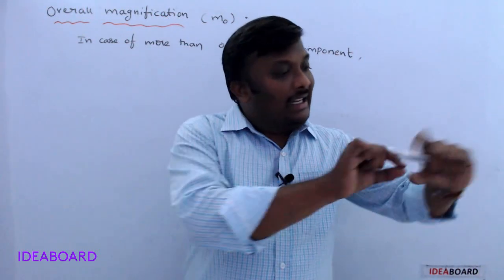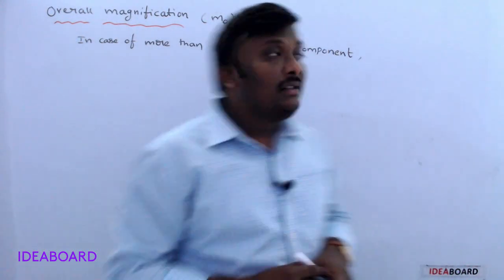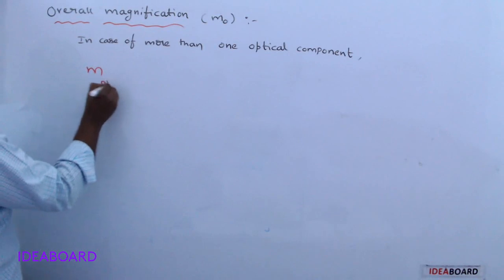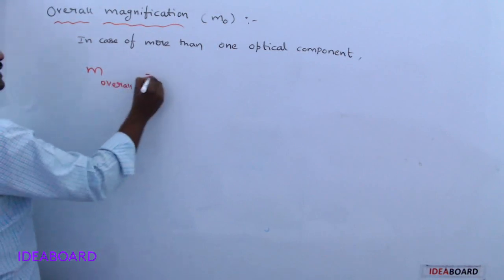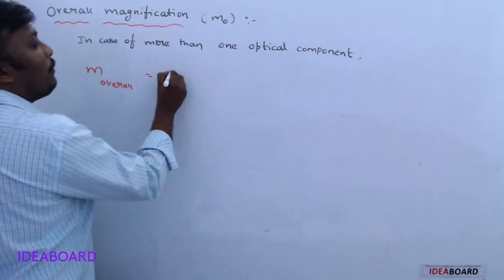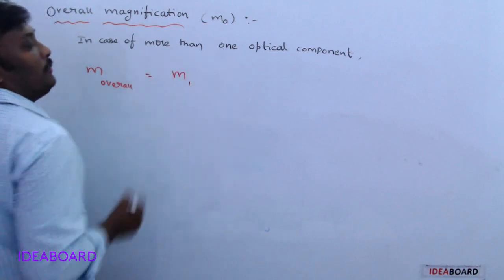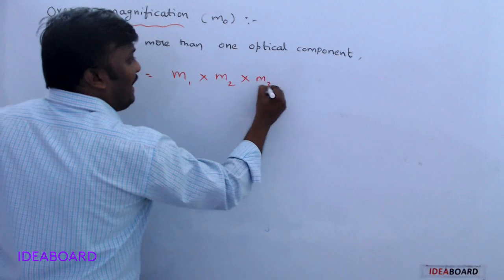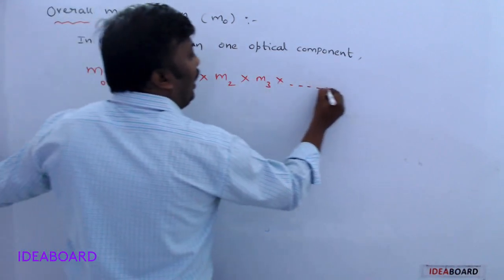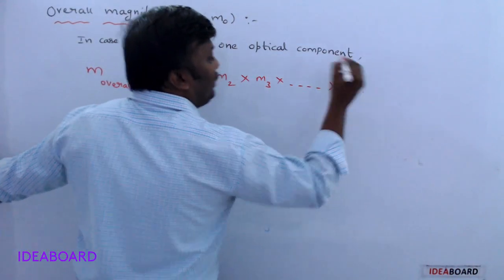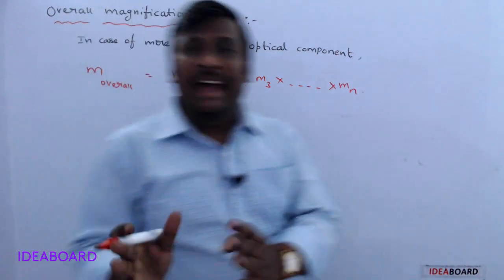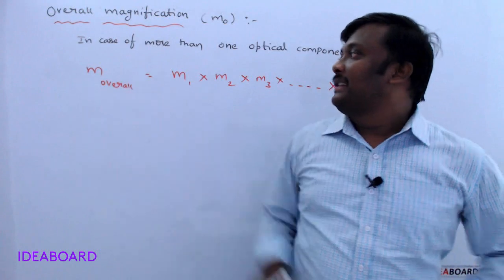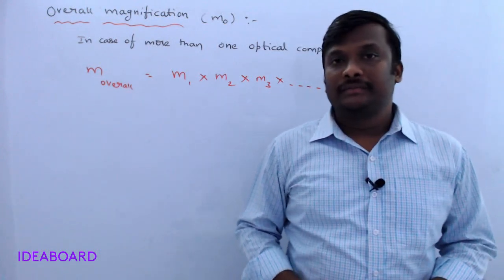So if they are interlinked with each other, then you can take the overall magnification. The overall magnification M has a simple formula: the product of the magnifications of all individual components. Just multiply them and you get the overall magnification.